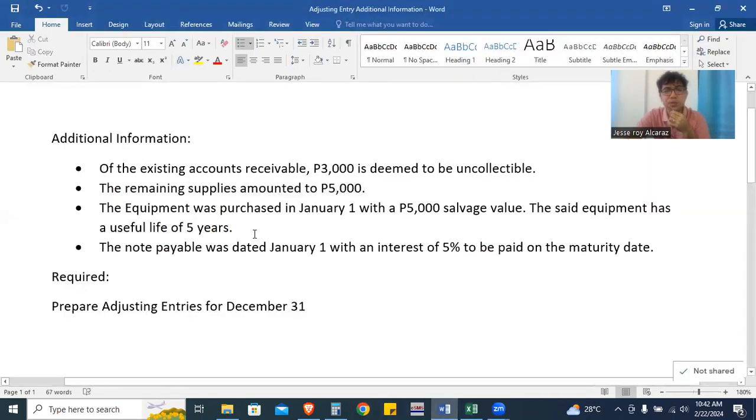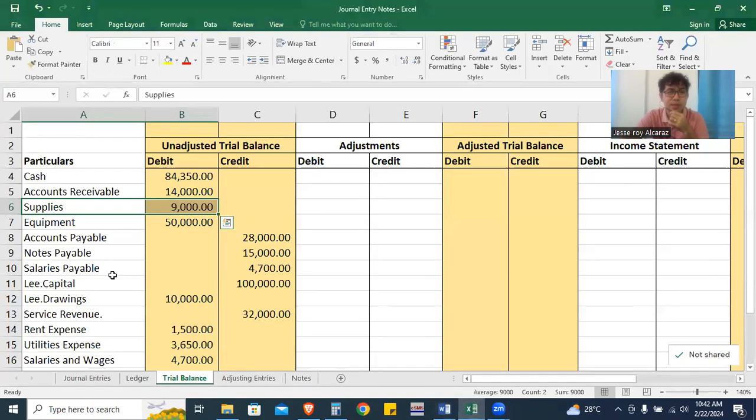the equipment was purchased January 1 with a 5,000 salvage value. The said equipment has a useful life of 5 years. So let us go first to our trial balance. So NATA equipment amounting to 50,000 pesos. And as a review, in order to compute for the depreciation, purchase cost, less the salvage value, we will arrive at the depreciable cost.